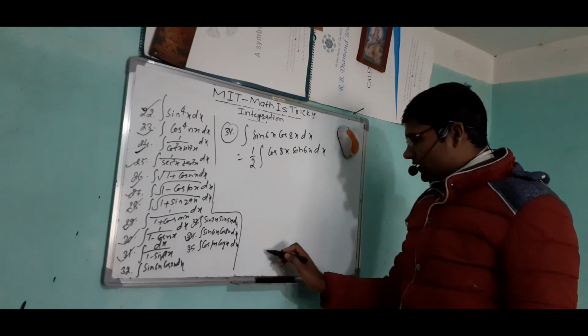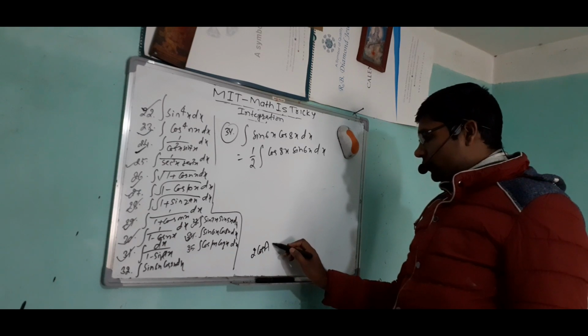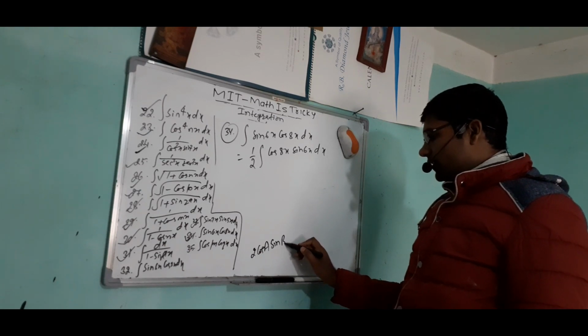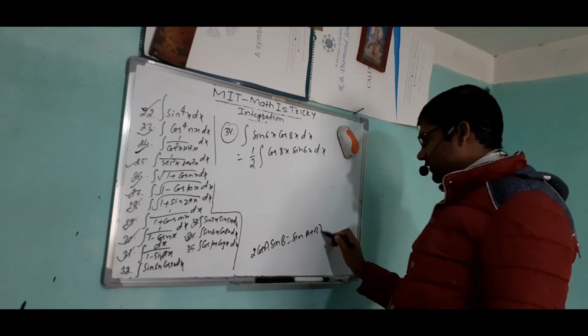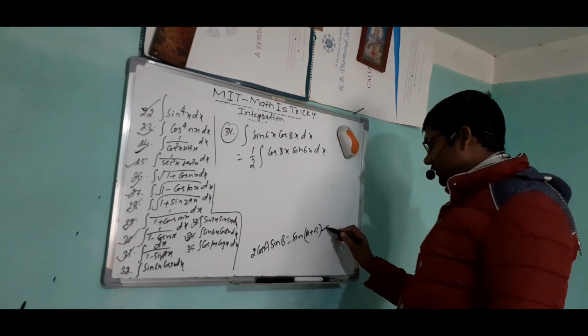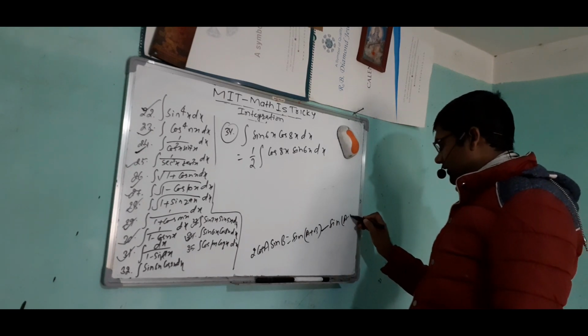Again we have a formula like this: 2 cos a sine b equals sine (a plus b) minus sine (a minus b).